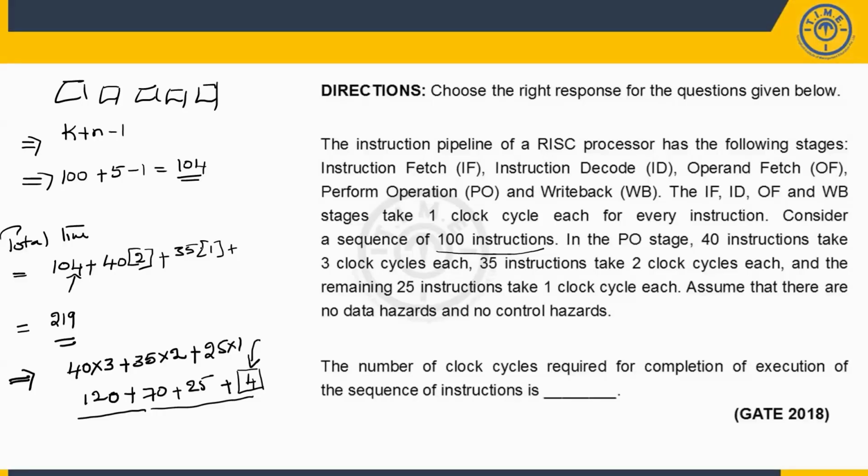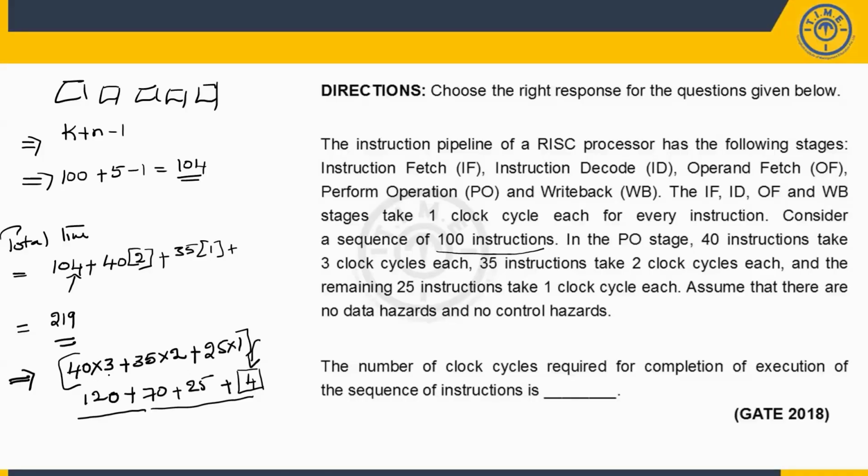Sir, actually, I did it for every 40, 35 and 25 instructions separately using the k plus n minus 1 formula. Yes, separately also you can do it. At that time you can get 2, 1. I am not getting how you did it.